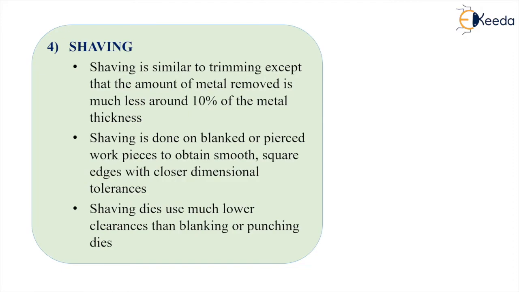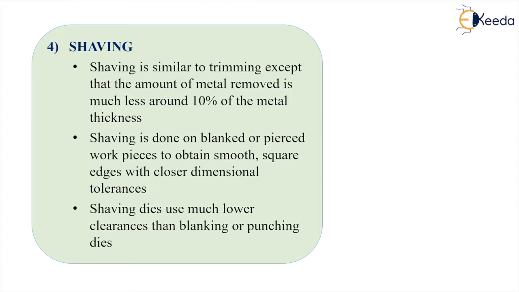Next, the shaving operation. Shaving is also similar to trimming except that the amount of metal removed is much less, around 10% of the metal thickness. So very little material is removed in the shaving operation. Shaving is done on the blanked or pierced workpiece to obtain smooth square edges with closer dimensional tolerances. So this is actually done after the cutting operation, which simply gives us the accuracy of the drawn product from this sheet metal.